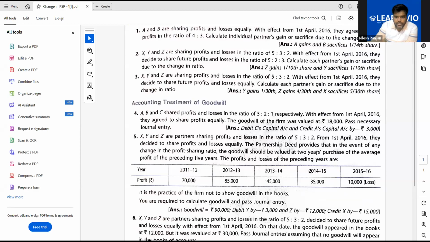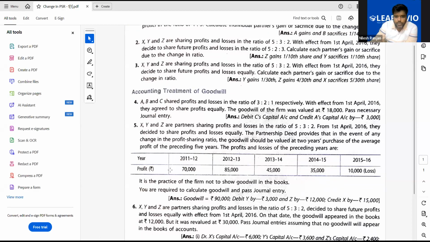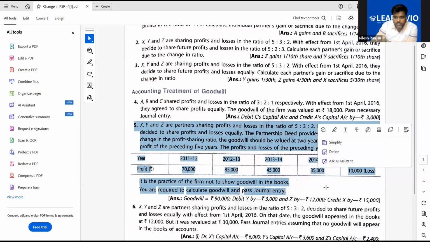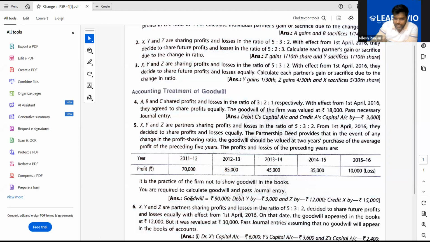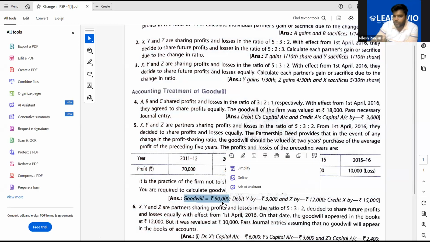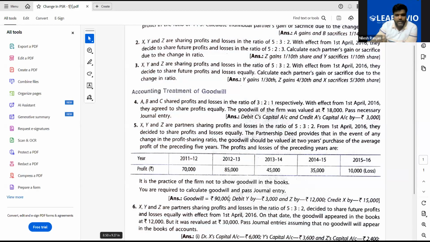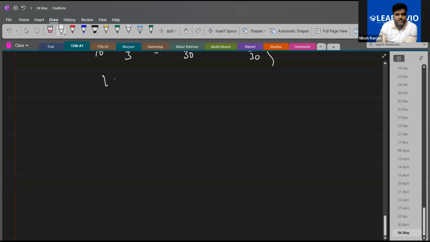Here, in question number 5, we have to calculate goodwill. I'm not calculating the goodwill amount because we know how to calculate it, so I'm taking the amount from the answer. It is 90,000, the value of goodwill.